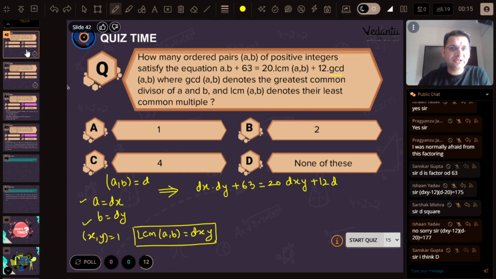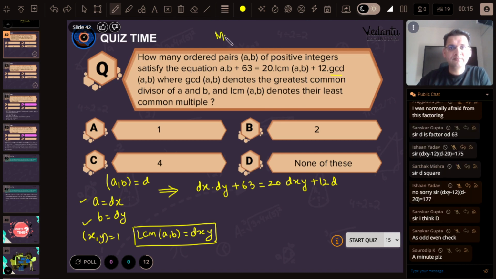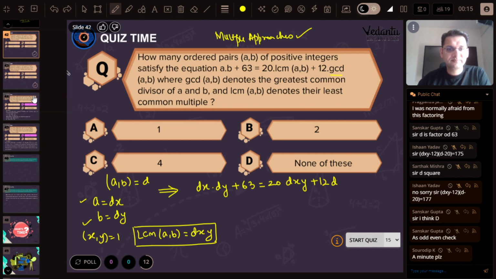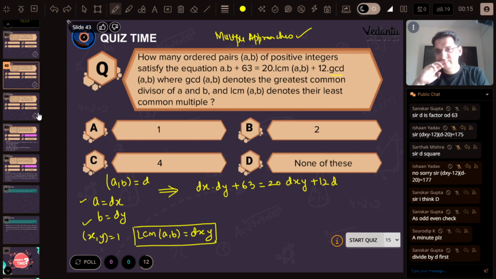We'll do multiple approaches. Take your time. Instead of dividing by d, we can take d common, right?